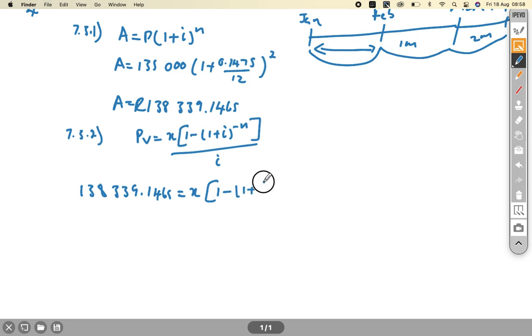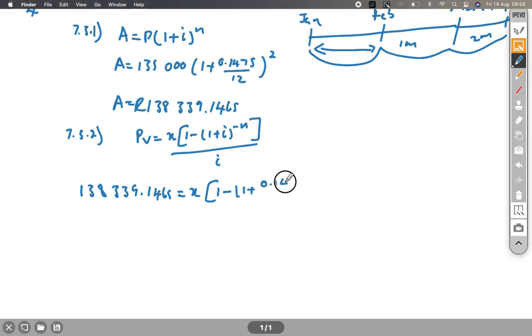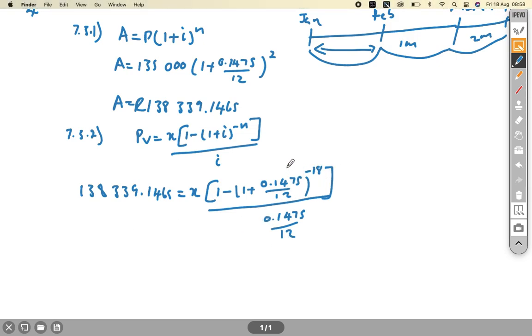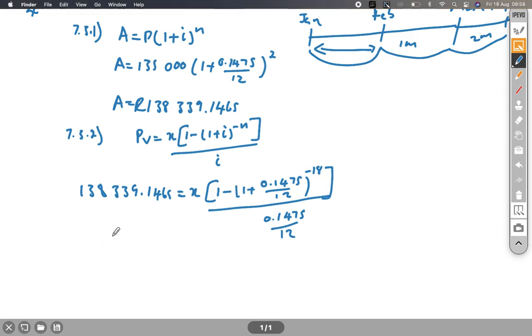Okay, so the interest rate is 0.1475 over 12, and then our n is 18. Okay, and some of you may be wondering why our n is 18 and not 16. And I'm going to explain that now.